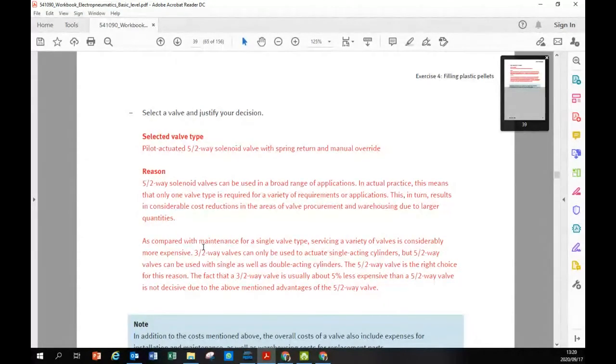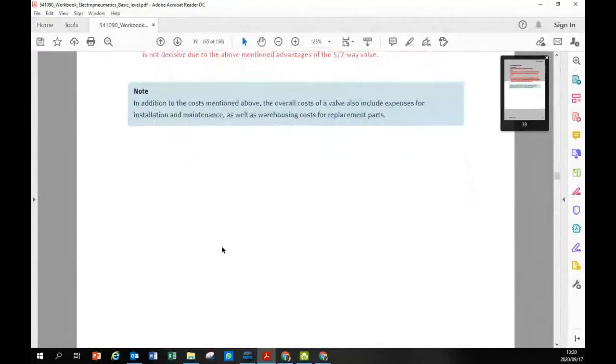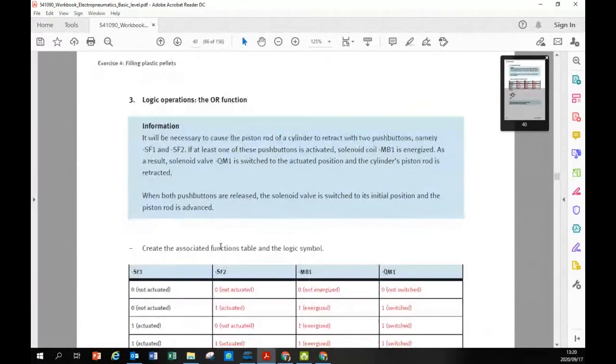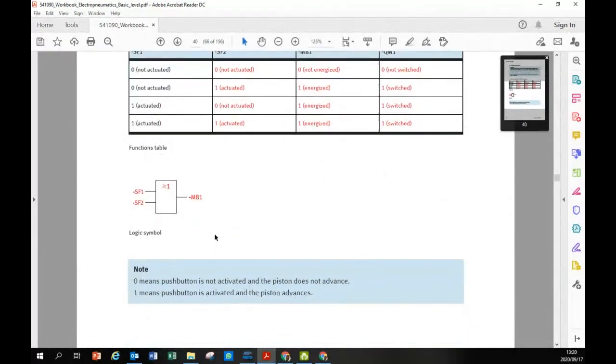So they converted to a 5-way valve in their answer. As they mentioned, it is very vital for you to understand the actuation of a 5-way valve.